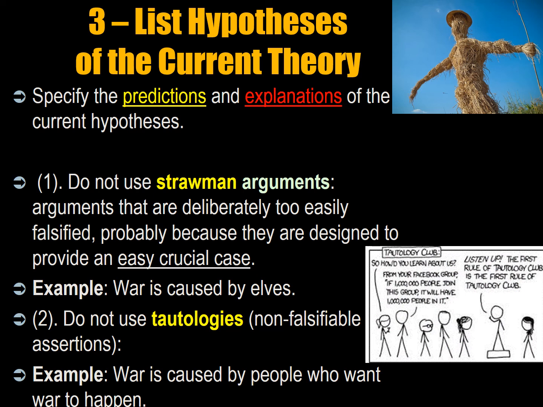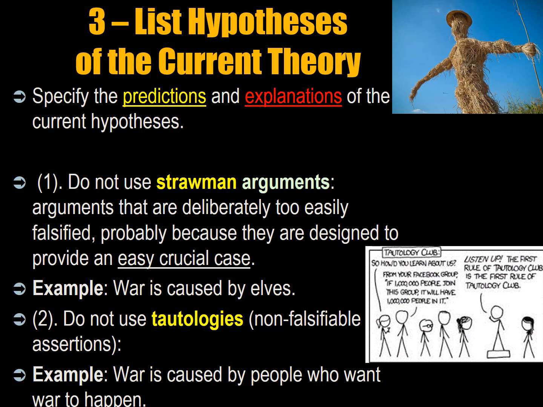Part 3, the list of current hypotheses. So you've done the literature review in part 2. Now you're going to make a list of the explanations and predictions of the current hypotheses. Now, it's very important here that we do not use a straw man argument. A straw man argument is one that's deliberately too easily falsified, probably because they're designed to provide easy, crucial cases.